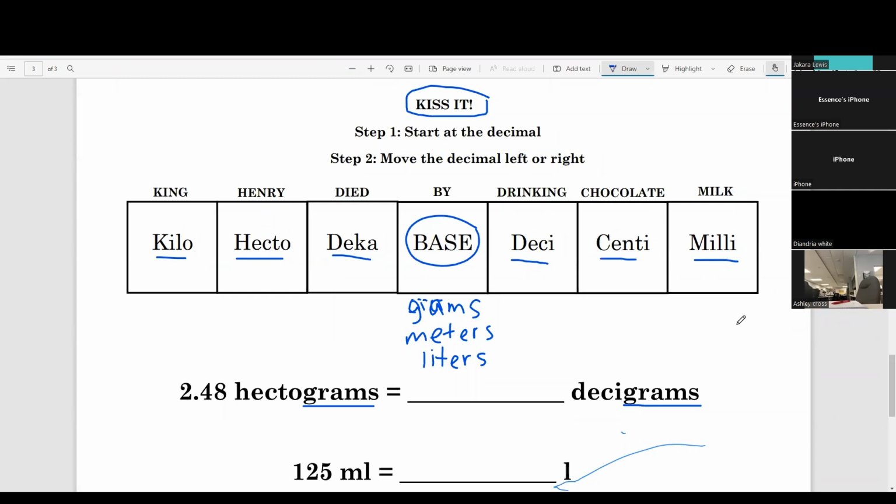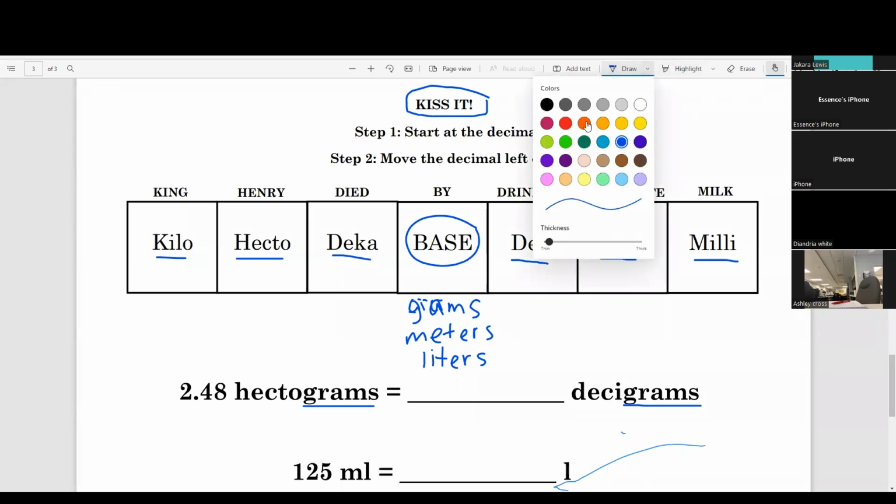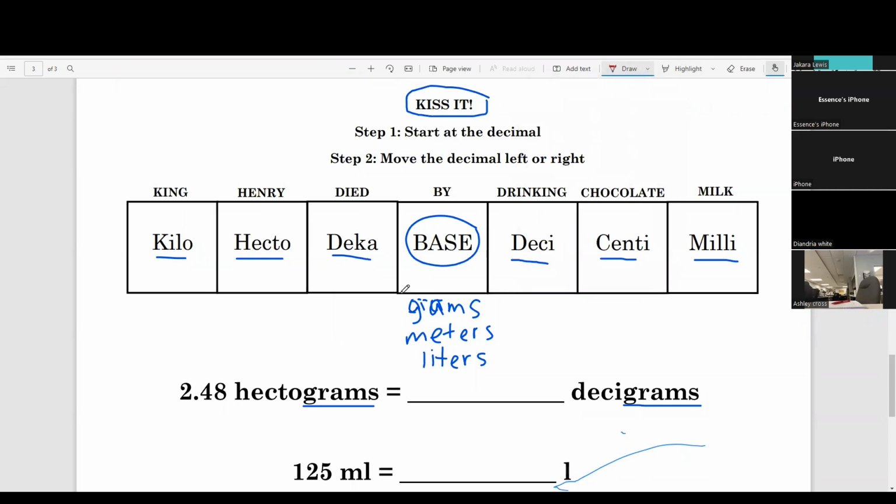All right. So first things first, we always have to mark our starting point and our ending point. If we look at this example, it says 2.48 hectograms is equal to how many decigrams? So we're going to use this as a guide to let me know where I need to go. Let's mark our starting point. We're starting at hecto, so I'm going to put an X here.